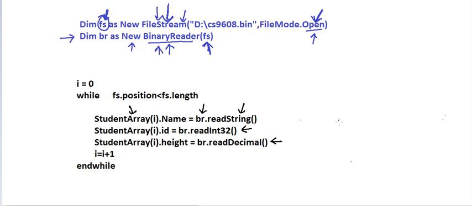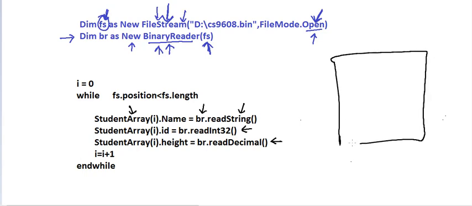Just remember this is a binary file, and a binary file is different from a text file because everything you save in a binary file is saved in its internal representation.